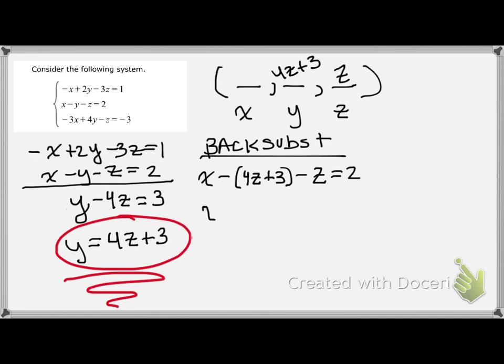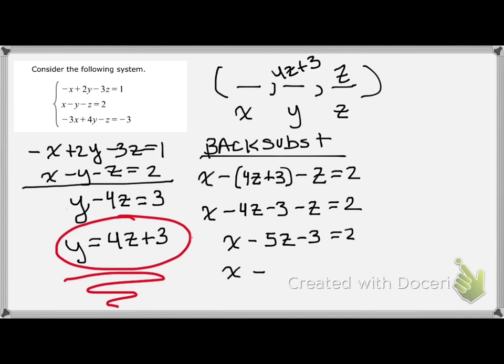So let's simplify this. x minus 4z minus 3 minus z equals 2. And then I've got x minus 5z minus 3 is equal to 2.